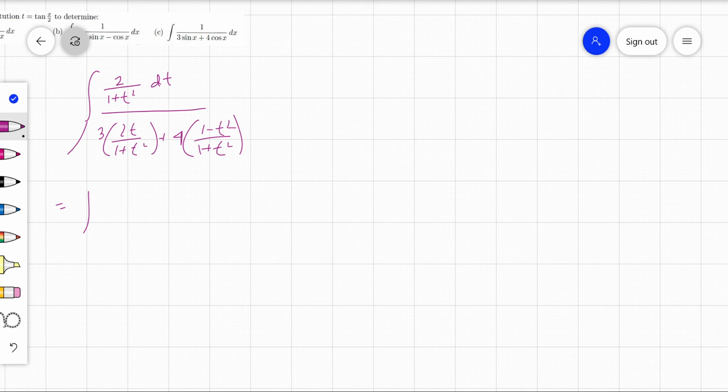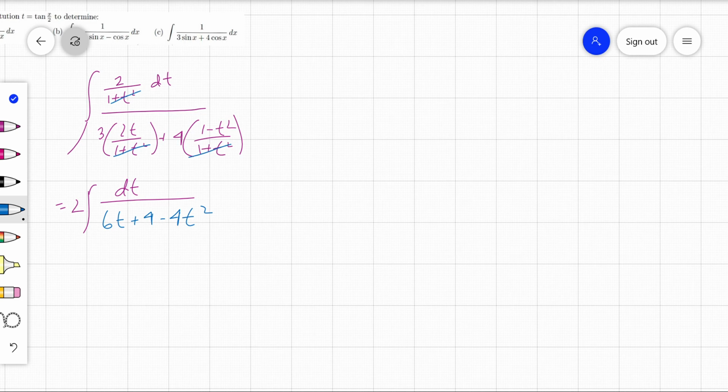So again here, I'm going to put the 2 out the front and put t here, and I'm going to multiply both top and bottom by that 1 plus t squared, so it gets rid of that, that, and that. So you can see you're going to have 6t plus a 4 minus a 4t squared at the bottom.